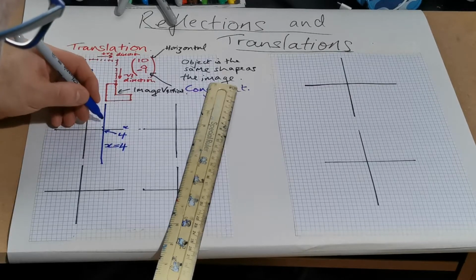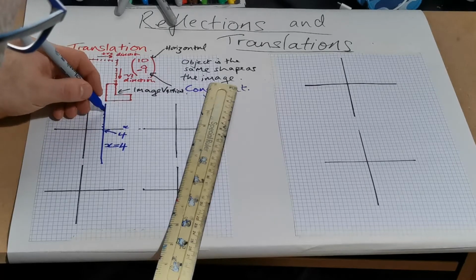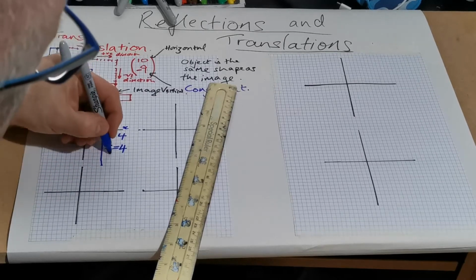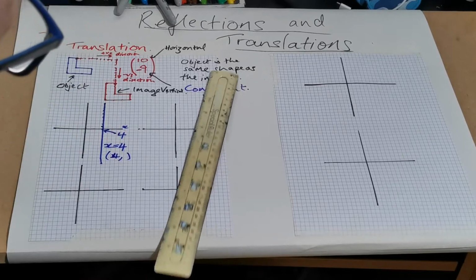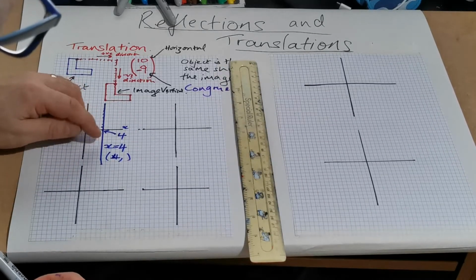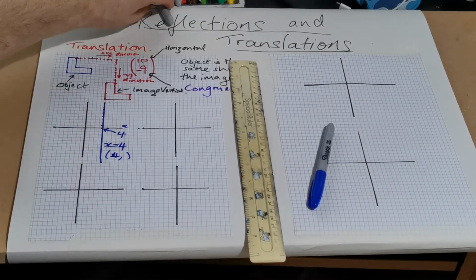This is 4, 1, 4, 2, 4, 3, 4, 4, 4, 5, 4, 6, 4, 7. So at any point along that line, the x part in the coordinate is always 4. So you've got 4, minus 1, 4, minus 2, 4, minus 3, 4, minus 4, etc. So that first number is always 4, so that x number is 4.